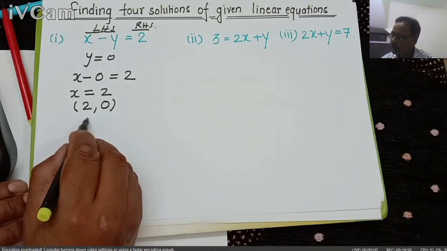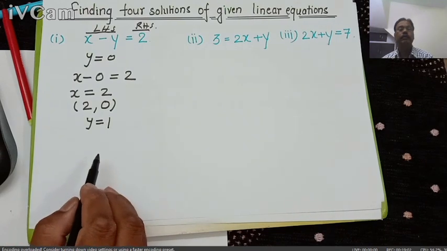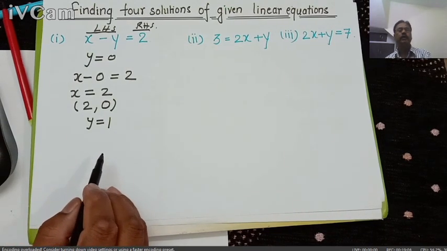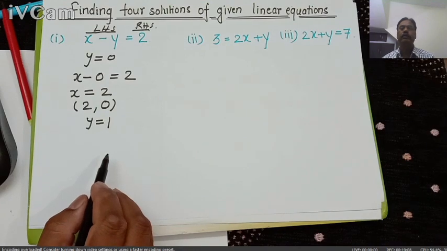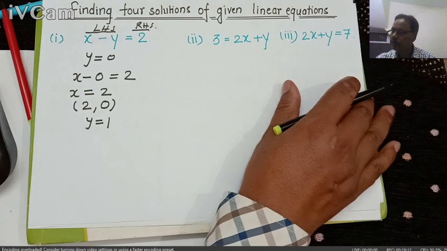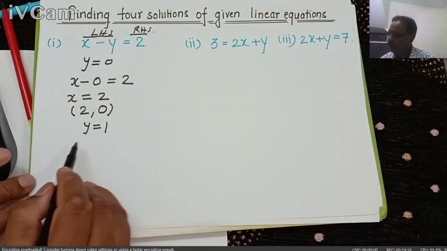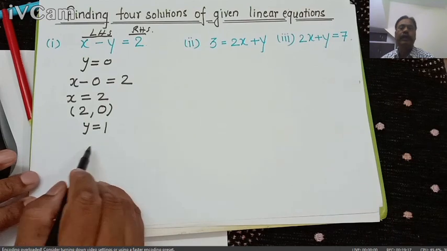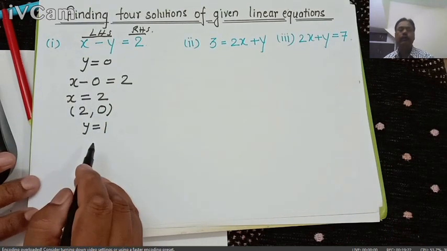Now we can put y equal to 1, whatever number we like. It is not necessary that you should put y equal to 0, but if you put y equal to 0 and x equal to 0, drawing the graph will be very easy. Otherwise you can put any value.